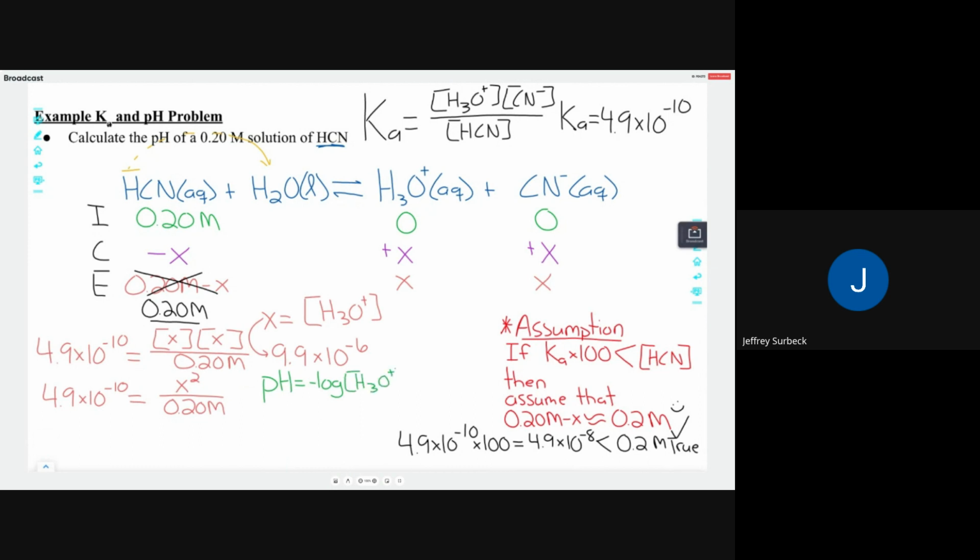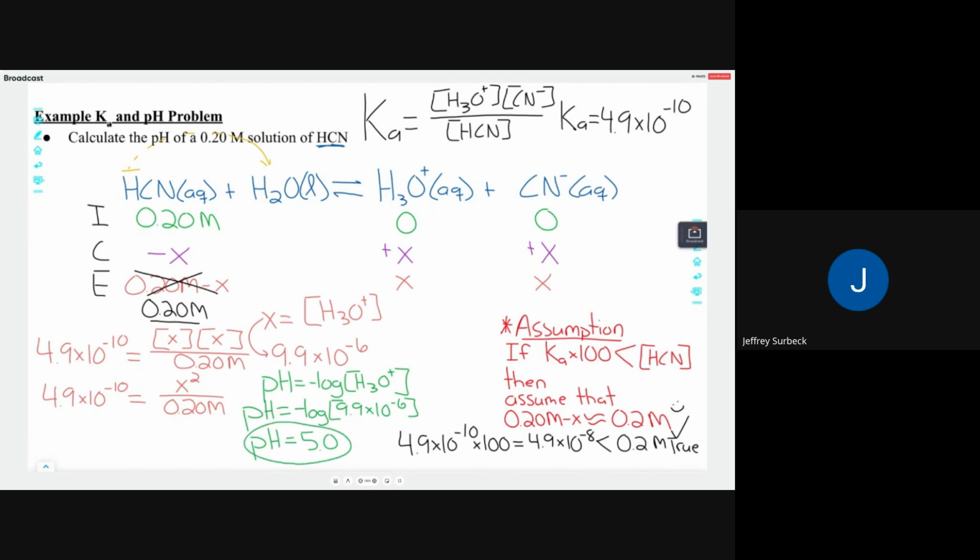So we plug in 9.9 times 10 to the negative 6: negative log of 9.9 times 10 to the negative 6. Our pH equals exactly 5.0. Okay.